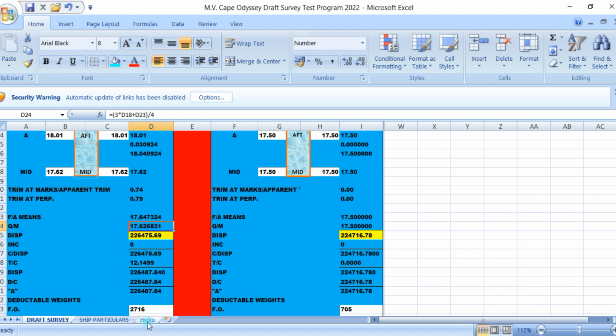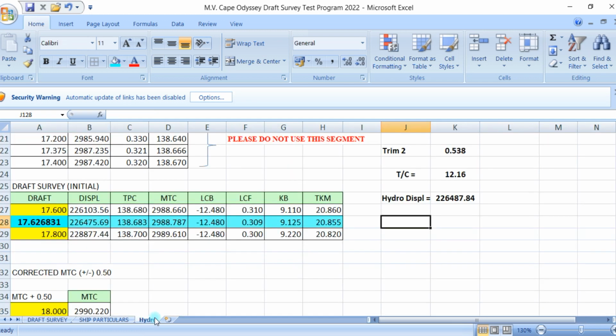So we go to the hydrostatic table, and you see here the drop survey initial, where we have this quarter mean. With this quarter mean, we have the displacement, TPC, MTC, LCB, LCF, KB, and so forth.